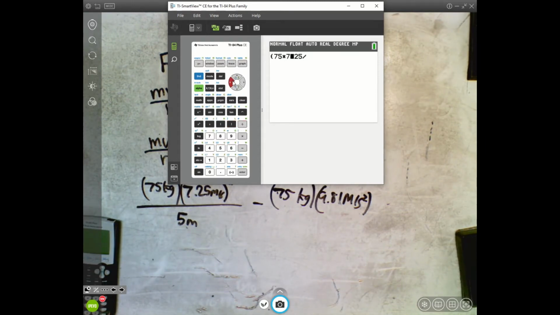I should double bracket this to start. So I'll close the bracket for the top stuff, and then I'll divide it by 5, and then close my bracket for the bottom stuff, and then I'm going to subtract 75 times 9.81.